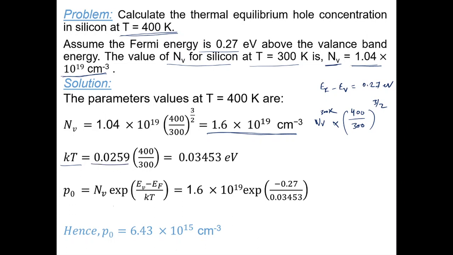At 300 Kelvin it is 0.0259 electron volts. So for 400 Kelvin it is nothing but the 300 Kelvin value times 400 divided by 300, which is the multiplication factor here. So it becomes 34.53 milli electron volts, or in other words 0.03453 electron volts.